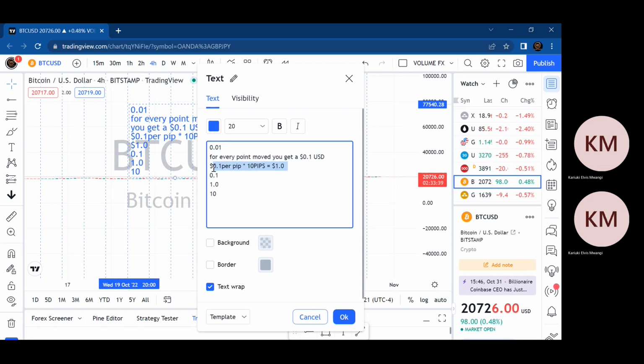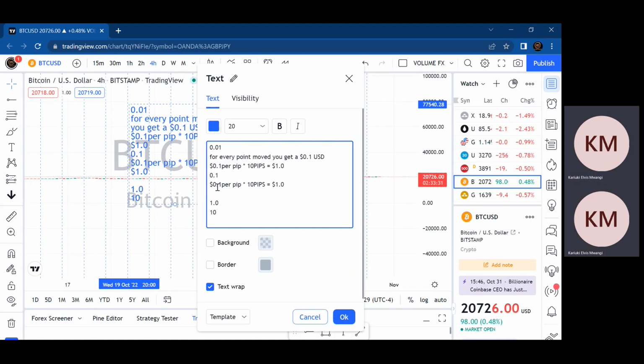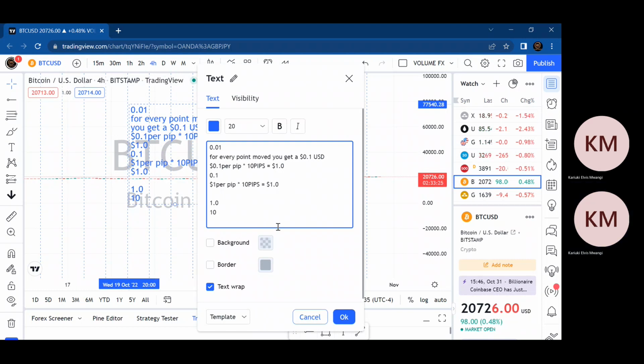Okay, we go to lot size 1. 1 means that for every pip, what are you getting? $1. Yes. For every pip, you're going to get $1. So if you go in for 10 pips, how many dollars will I get? $10, because for every point the market moves, you get $1.